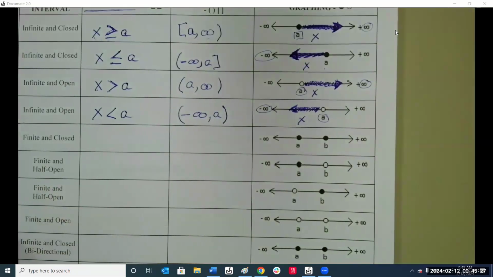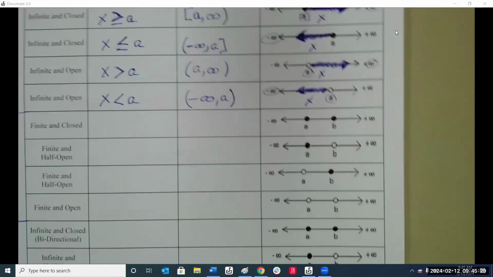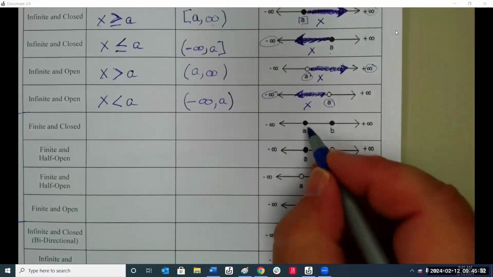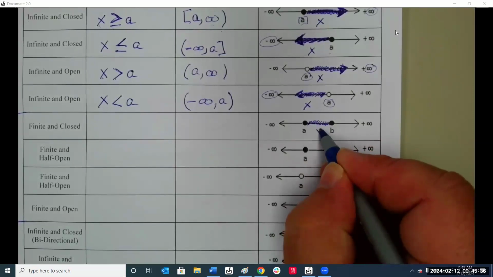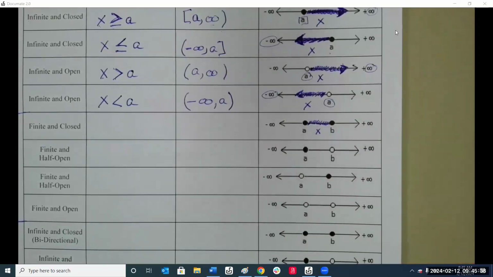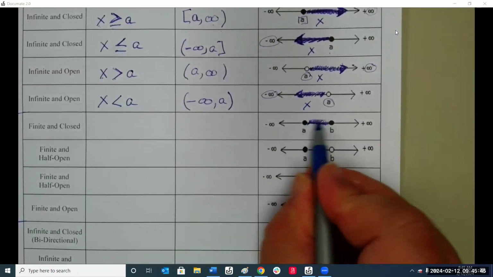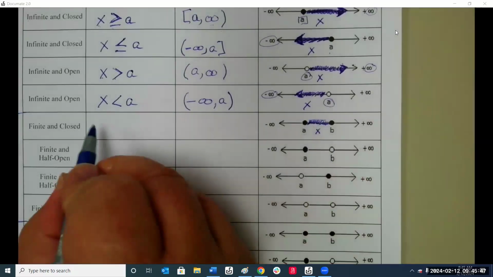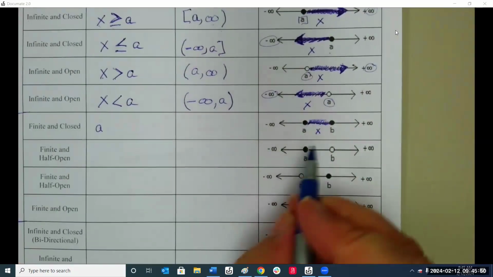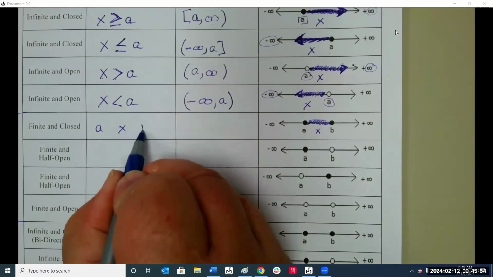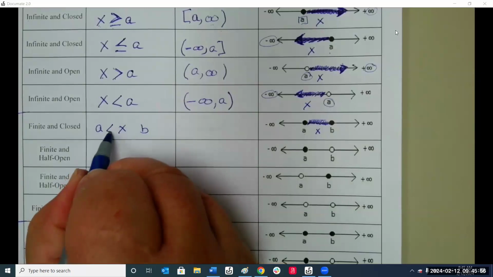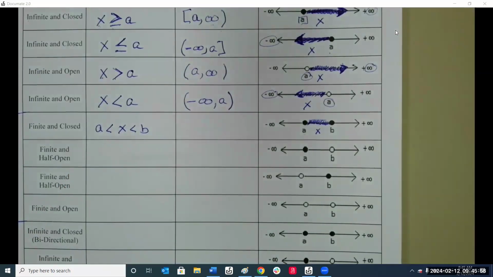The next four deal with finite numbers. We have a beginning and an end. So here's the first one. Those are my x's. Since I have a beginning and an end, I start at a, I go to x, and I go to b. And it's always to the left.